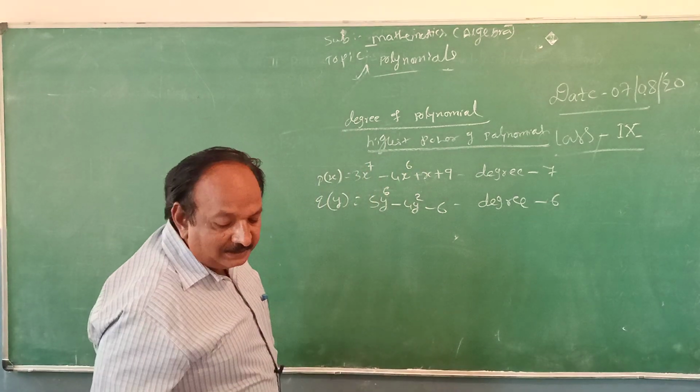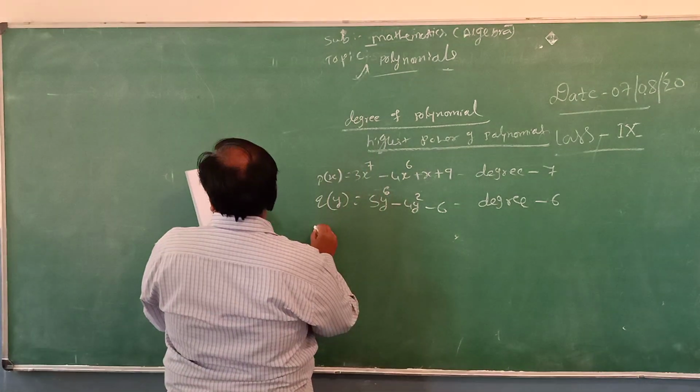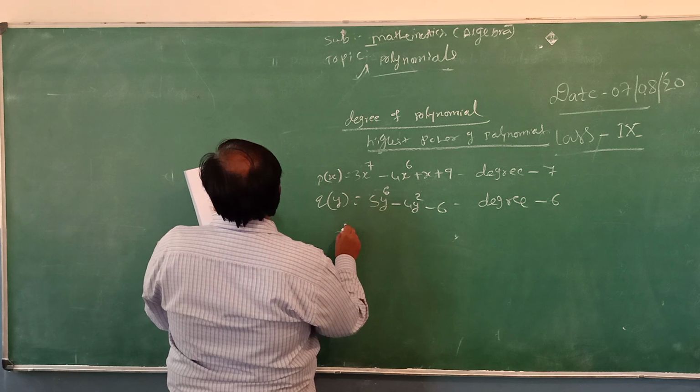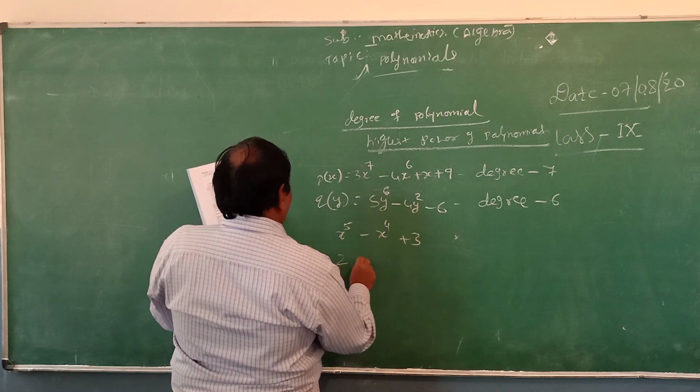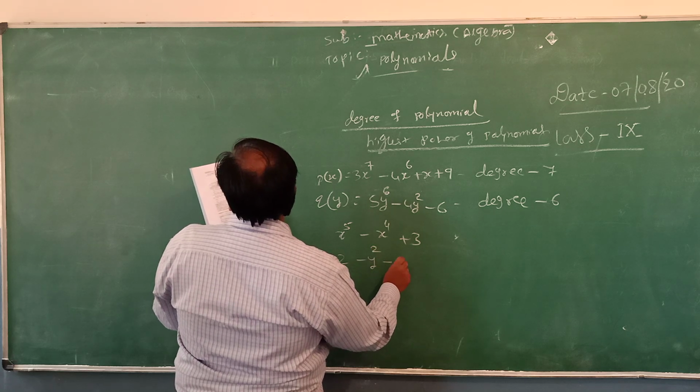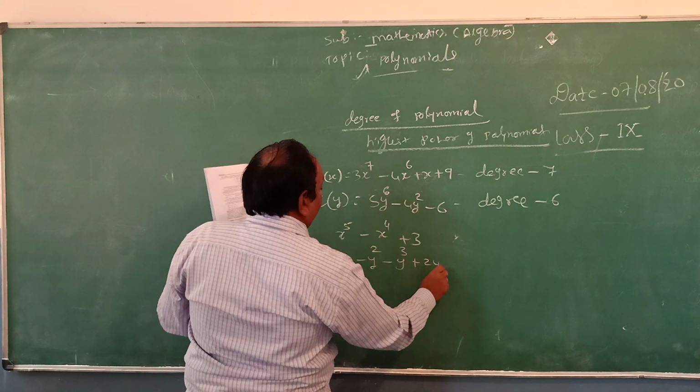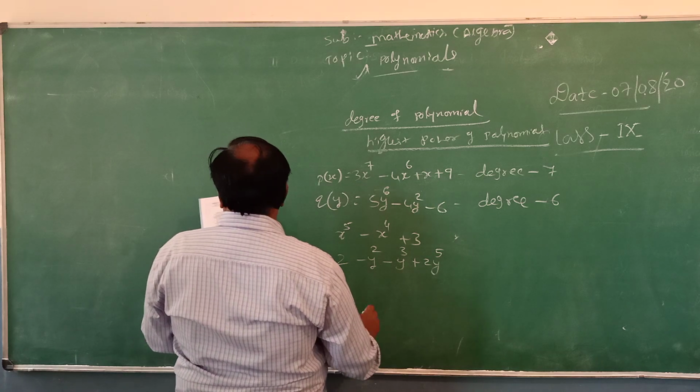Now I write some more examples. x to the power of 5 minus x to the power of 4 plus 2, and y square minus y cube plus 2y to the power of 5, 2.